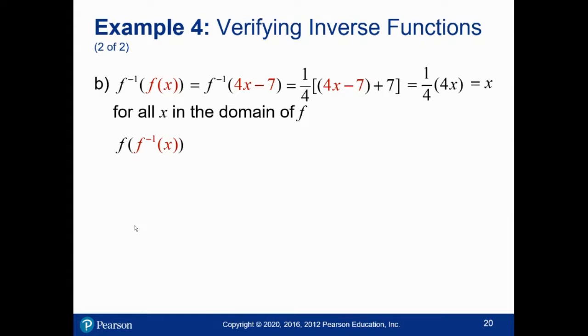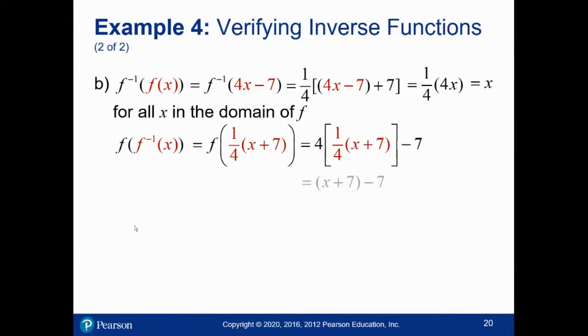The other way around, I would take 1/4 times the quantity x plus 7, and I'd plug it into f. But f said multiply the input by 4 and then subtract 7. So the 4 and the quarter cancel, and then the 7 and the minus 7 cancel. And again, you just get x. So because f of f inverse of x and f inverse of f of x were just x, these are indeed inverse functions of one another.